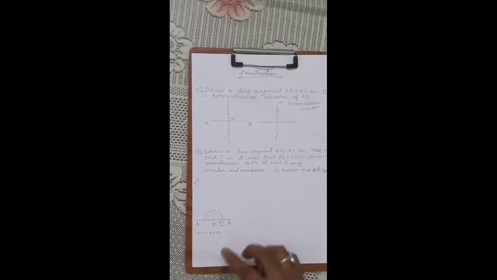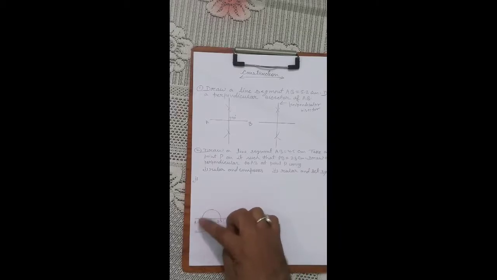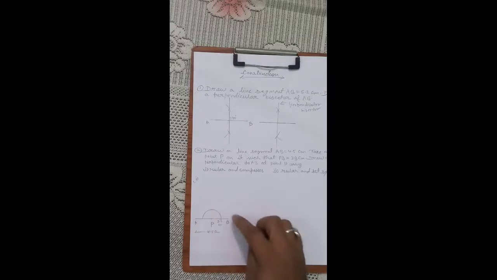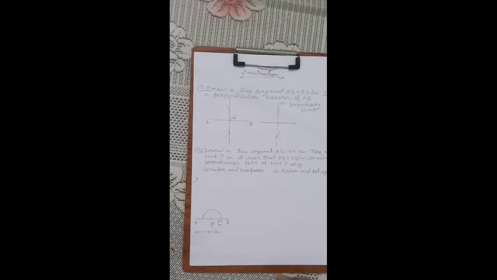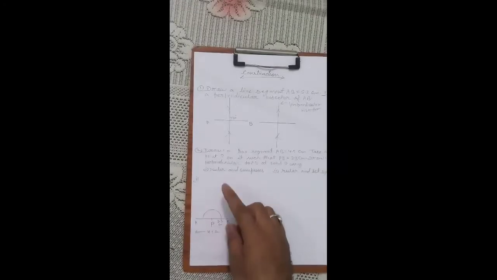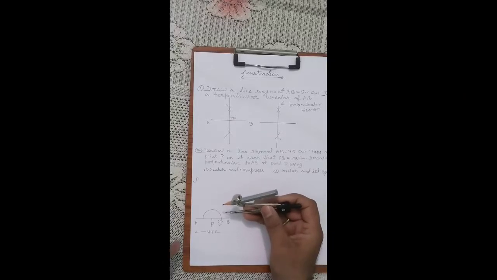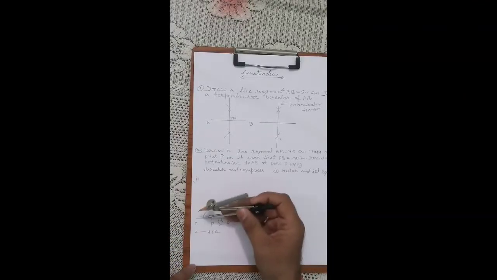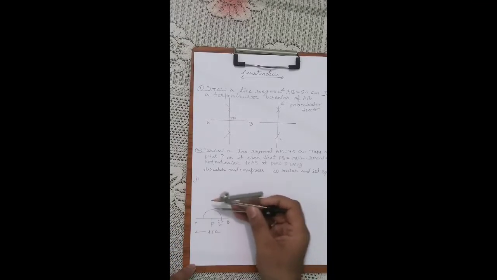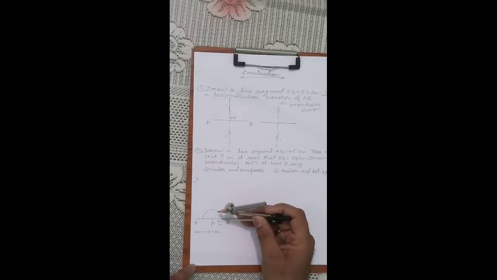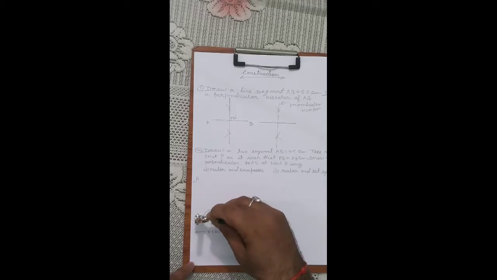Since AB is a straight line, this angle is 180 degree. If we bisect this angle, then automatically we will form a 90 degree angle and that will be perpendicular to AB. So see how to bisect this 180 degree angle. To bisect the 180 degree angle, again we will take this intersection point as a center. We will measure this arc.